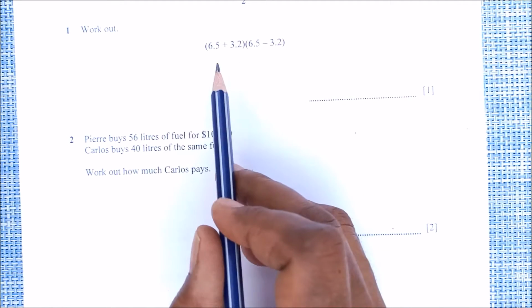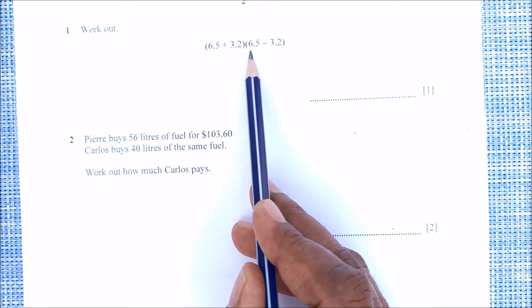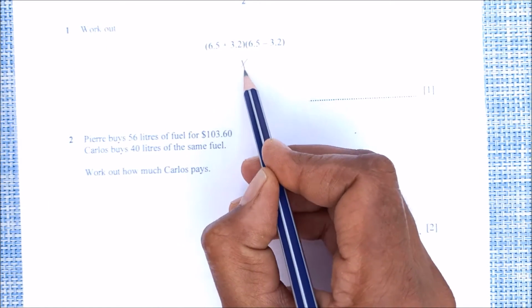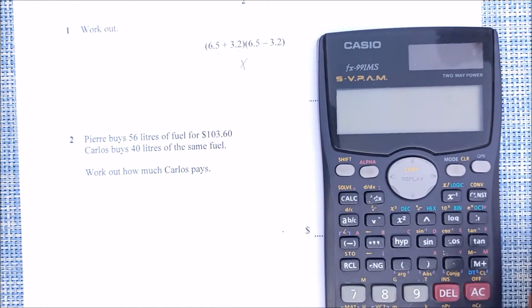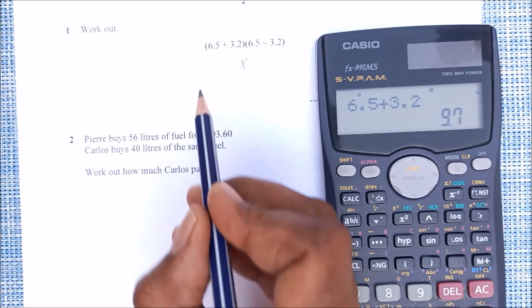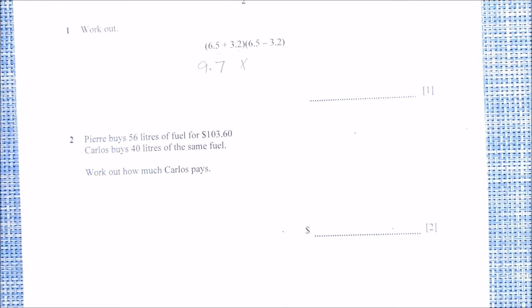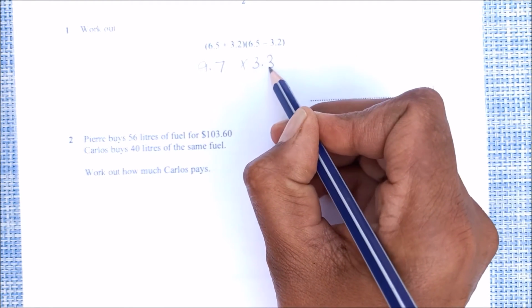Work out (6.5 + 3.2) × (6.5 − 3.2). So there is a multiplication sign here, and as this is a calculator paper, you can just do the calculation with the calculator. 6.5 plus 3.2 is 9.7, times 6.5 minus 3.2, this is 3.3, so times 3.3.